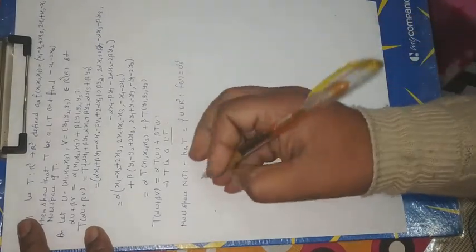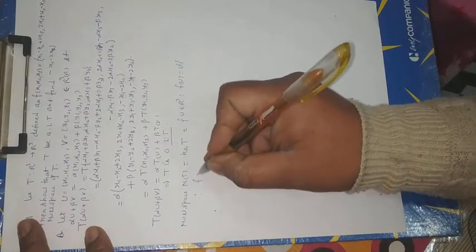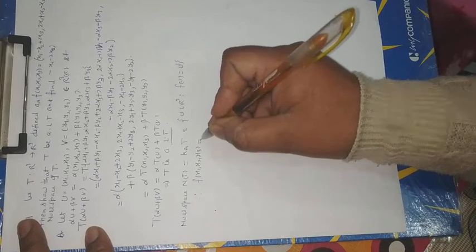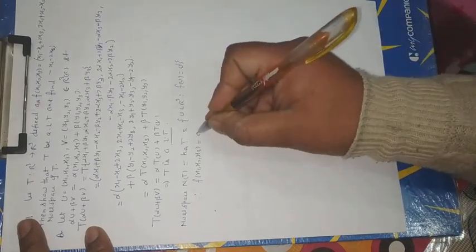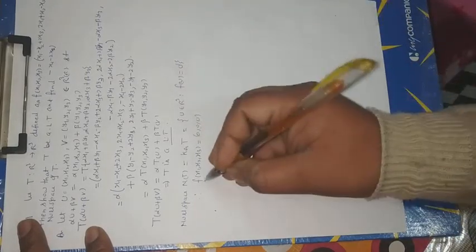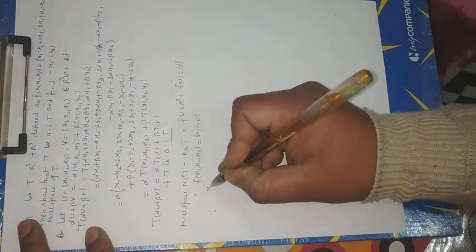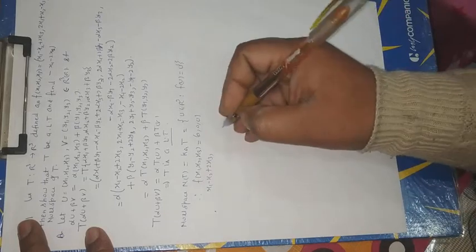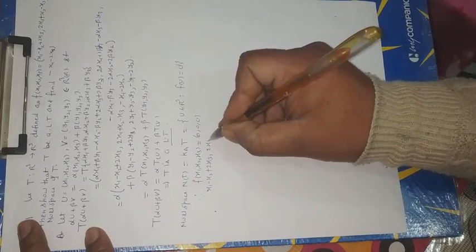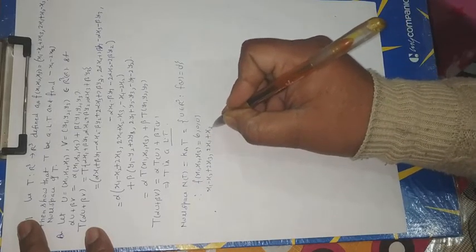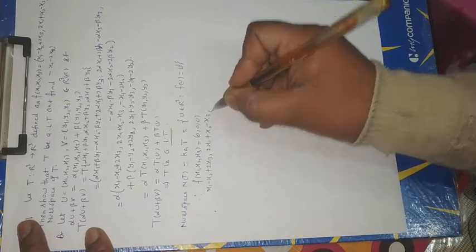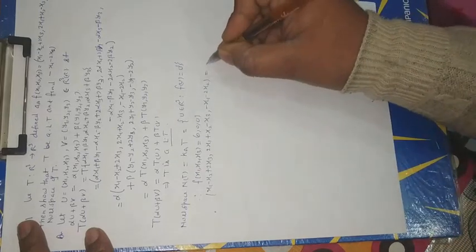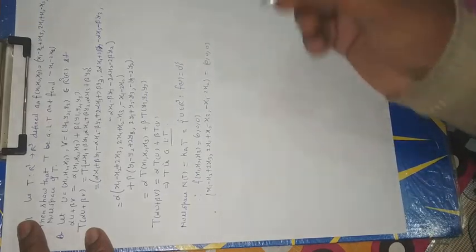Okay, student. Therefore, f(x1, x2, x3) is equal to (0, 0, 0). Now here (x1 minus x2 plus 2x3, 2x1 plus x2 minus x3, minus x1 minus 2x2) equals (0, 0, 0).